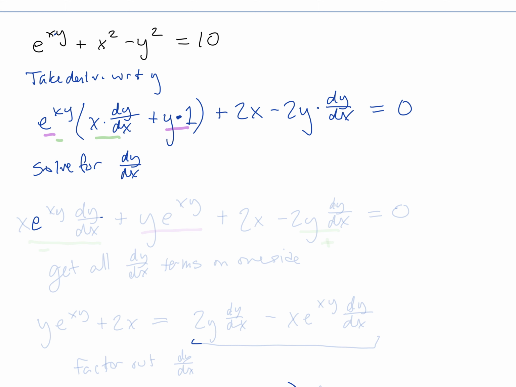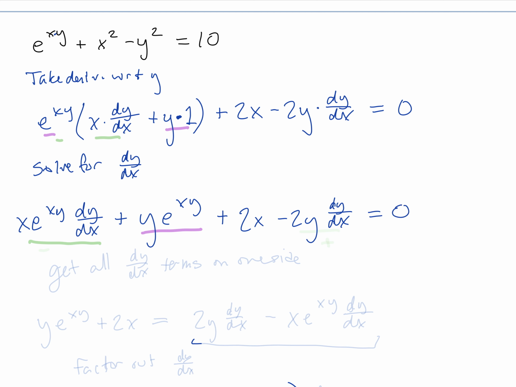So we've got e to the xy times x dy/dx as the first term when we multiply out, plus y times 1, so y e to the xy. So again, the first term does have a dy/dx in it, whereas the second term does not. Okay, so moving forward, plus 2x minus 2y dy/dx equals 0.